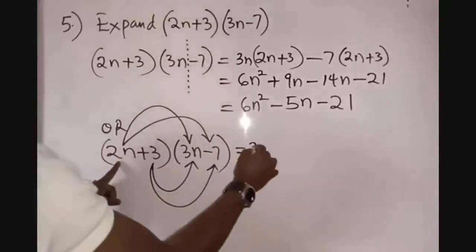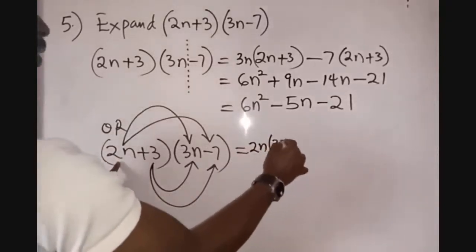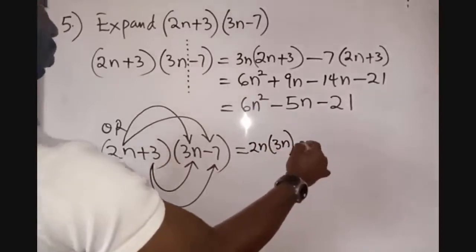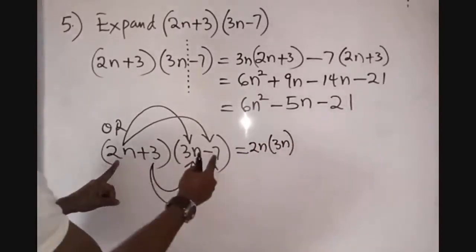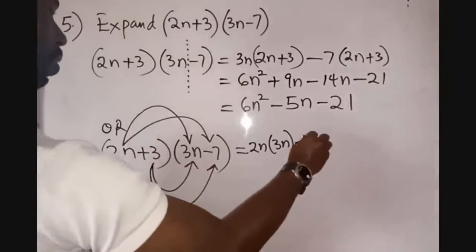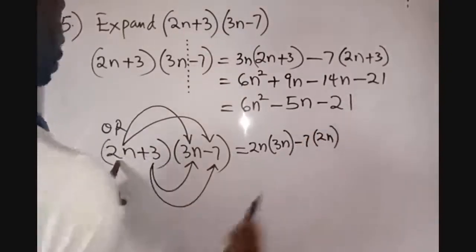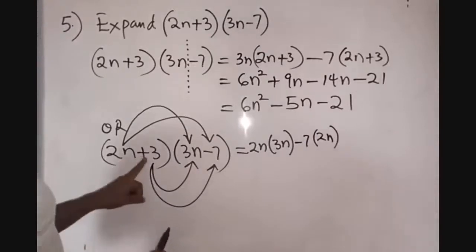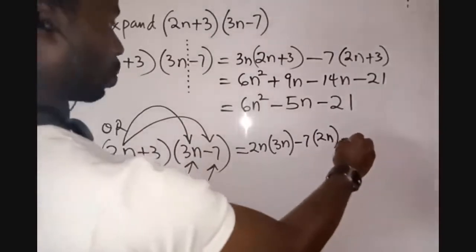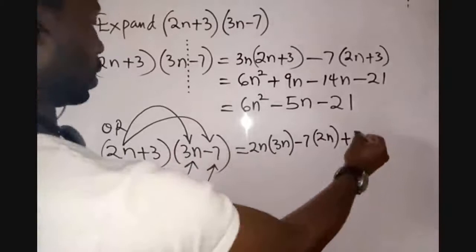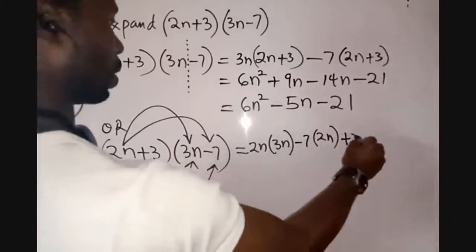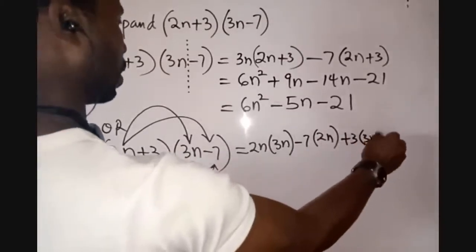So this will give me 2n multiplying 3n. Now the same 2n multiplying this, and that will give me minus 7 into 2n. This is the same thing, all right? So now come over to the second one. I got plus 3 multiplying this, that will be 3 into 3n.